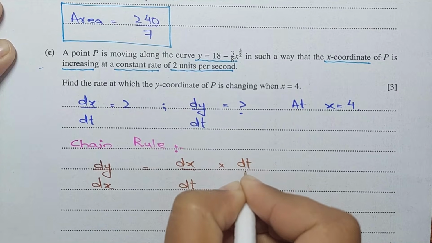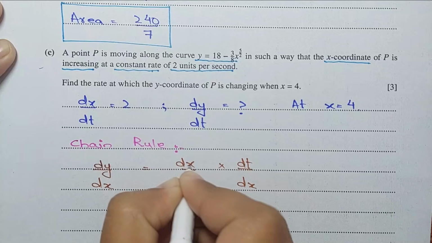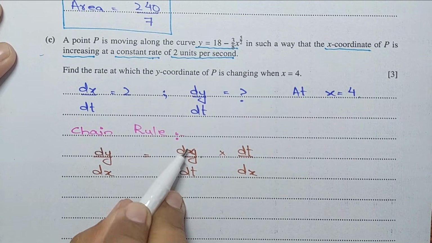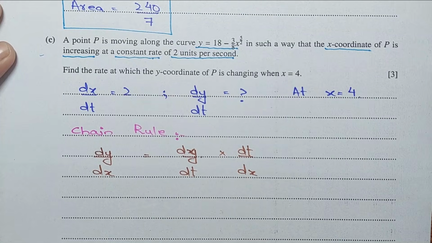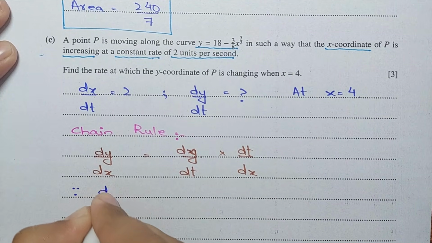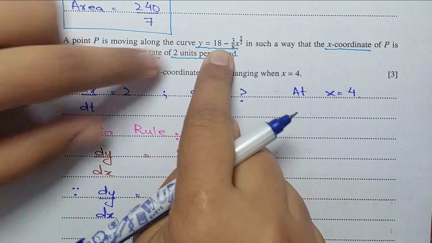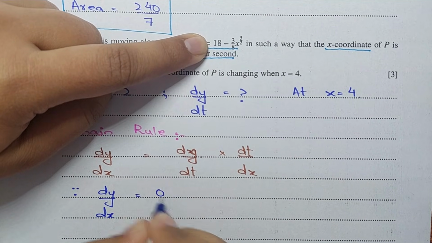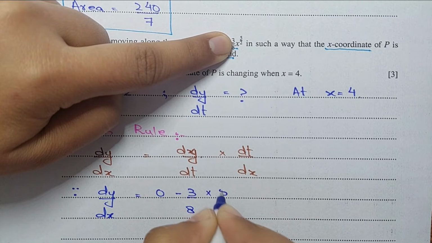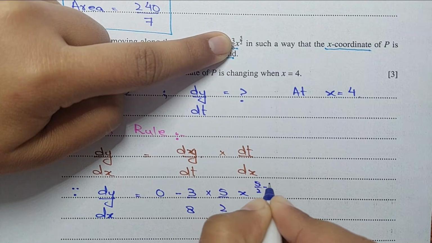Let me solve for dy over dx first. We have y over here, the derivative of 18 is 0, minus 3 over 8 is as it is, applying the power rule, 5 by 2, x to the power 5 by 2 minus 1.